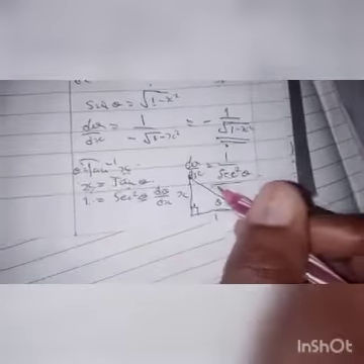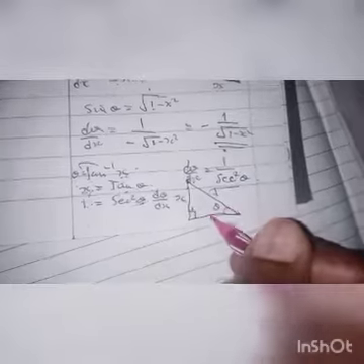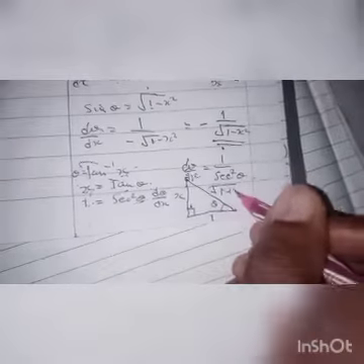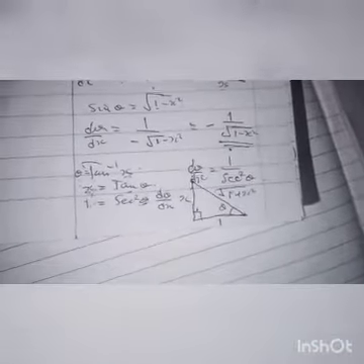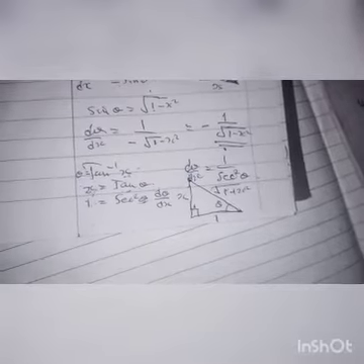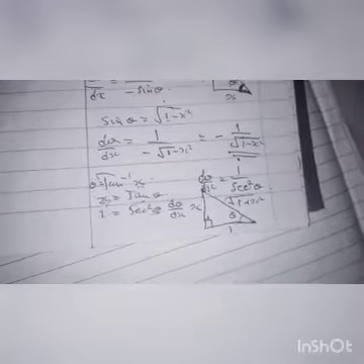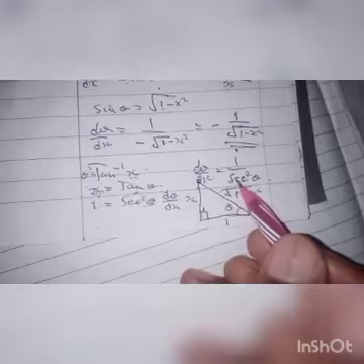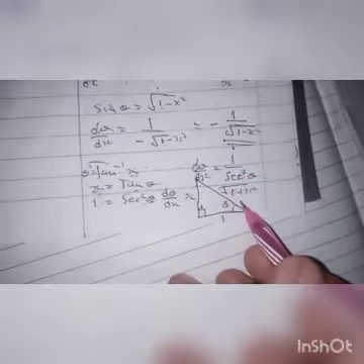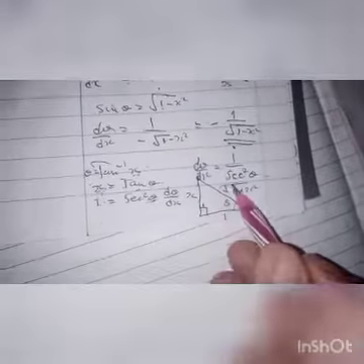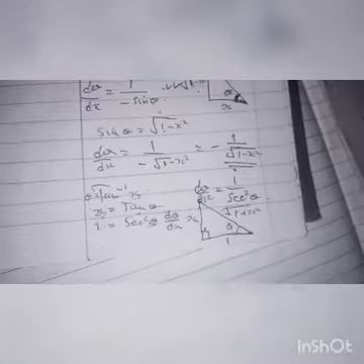Getting the hypotenuse, you add 1 squared plus x squared. But we can't use this triangle to obtain sec squared theta directly.